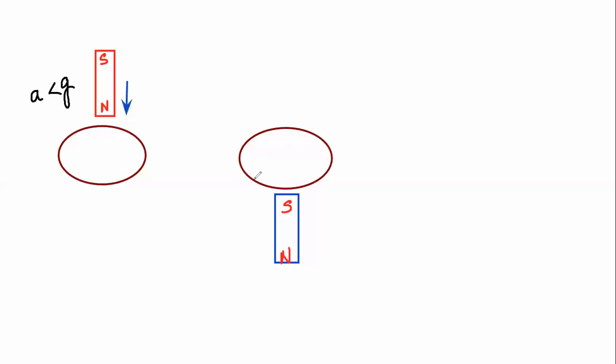The effect of the north pole will be there, and again this loop will act as a north pole, and the anti-clockwise flow of current will be there. In this case also, acceleration is less than acceleration due to gravity. Fine. Next.